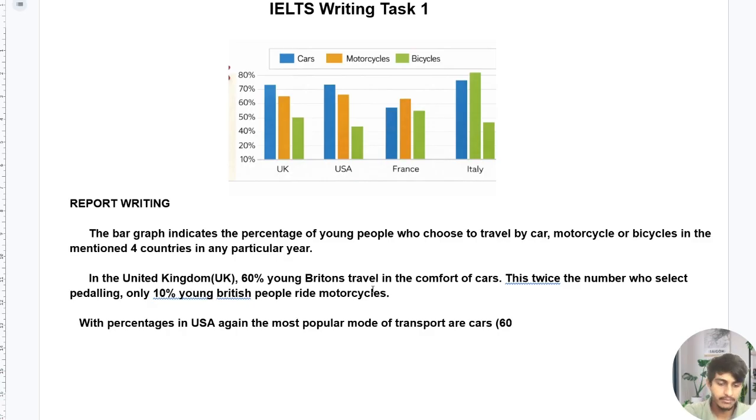This paragraph is not exactly about our data, so you don't have to think about others.